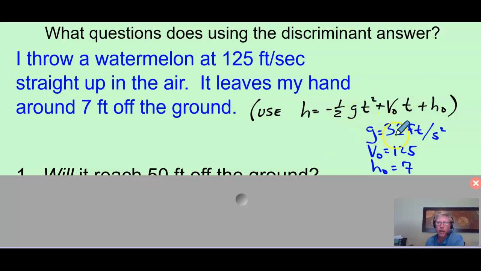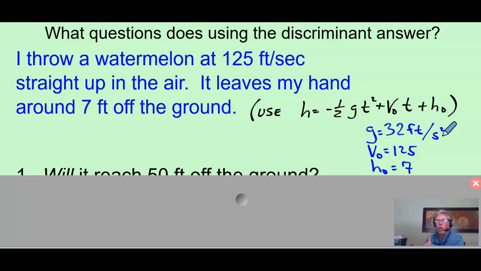G stands for gravity. We'll use 32 feet per second squared. That is kind of hard to understand, so think of it this way: it's 32 feet per second, every second. If I go to Lake Powell and I'm looking down off a cliff into the water and I jump off, at 0 seconds I'm traveling down at 0 feet per second.